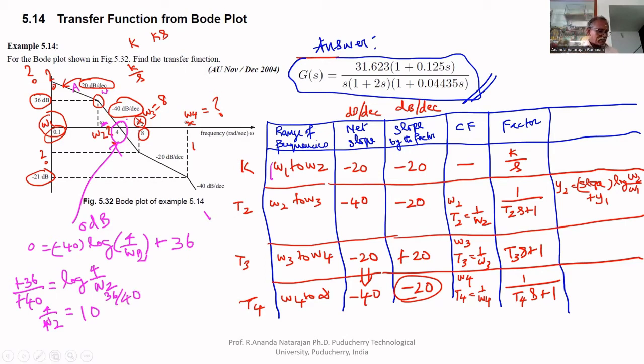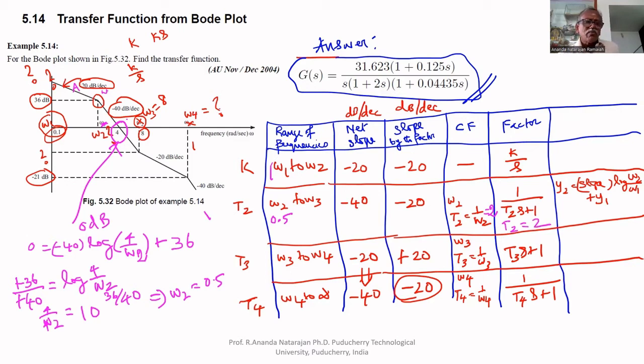If you use that 36 by 40, then omega 2 equal to 0.5. Therefore, we can substitute omega 2 equal to 0.5, which means T2 equal to 1 by 0.5, which is 2. T2 equal to 2.